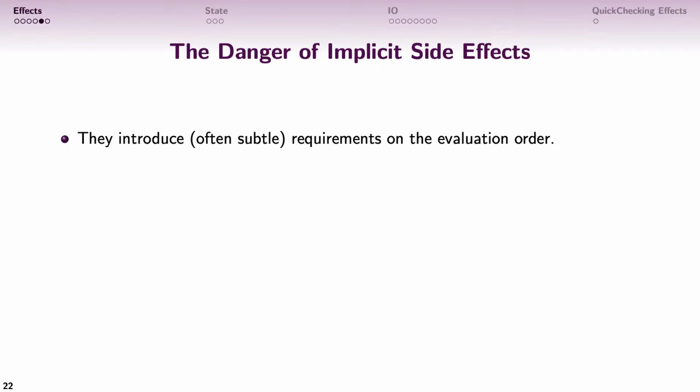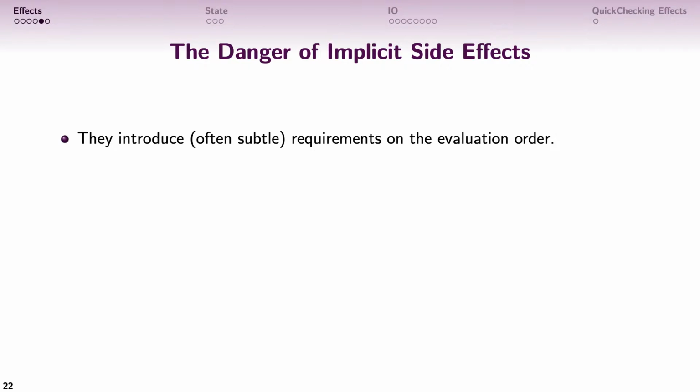For example, if you have a function that requires the state to be set up in a particular way, and then somewhere else you have another function that sets up that state, then you need to make sure that you call the other function before you call the function that has that requirement. If you look at the structure of your program, it's not necessarily obvious that this is the case, but we have these requirements now that this has to happen before that.